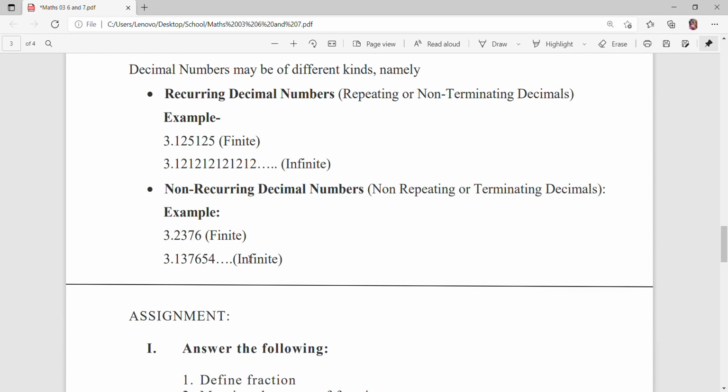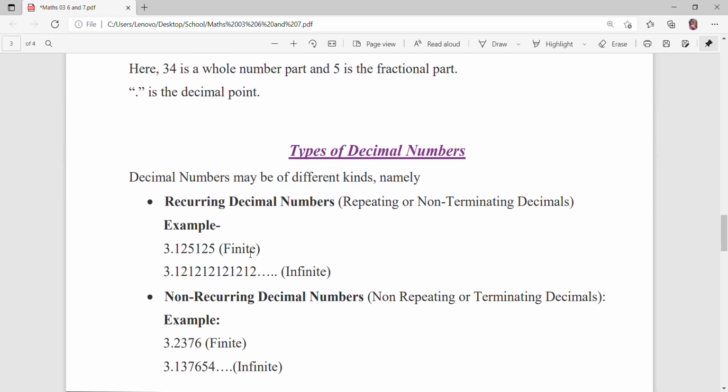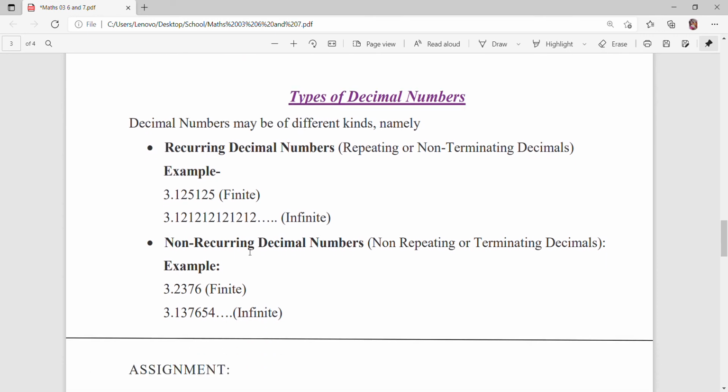In decimals there are two types: recurring decimal numbers and non-recurring decimal numbers. In recurring decimals, after the decimal point, a number or digit is repeated. But in non-recurring decimals, after the decimal point, the number is not repeated again and again.